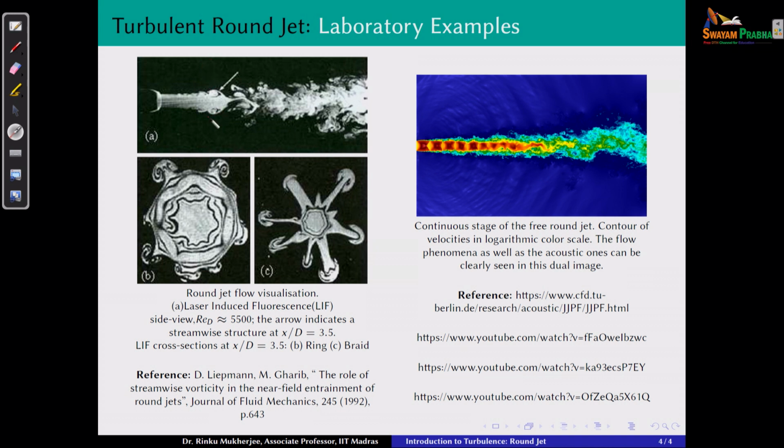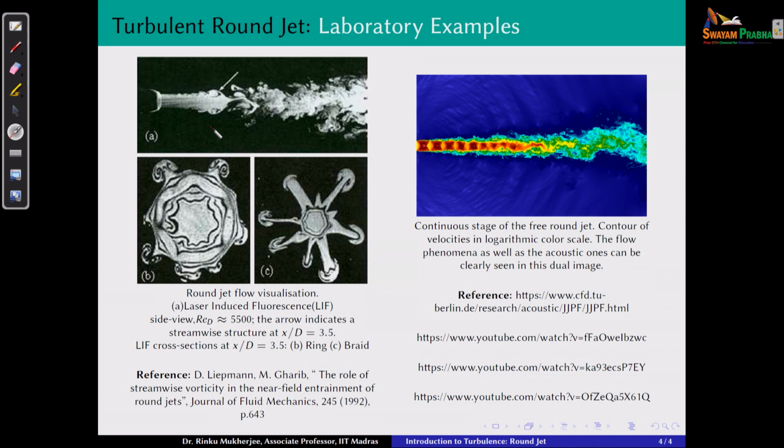And d is along this. So the x would probably start from around here. I think the flow is starting from here. So if you see x by d, the axis system will probably be located somewhere over here, right? So essentially 3.5 times the diameter. So this is the location that we are looking at.